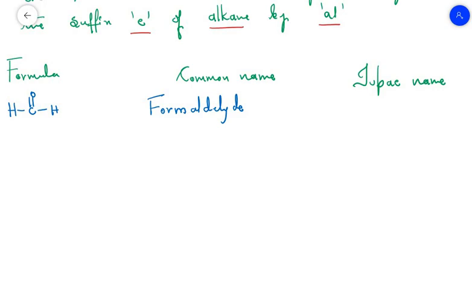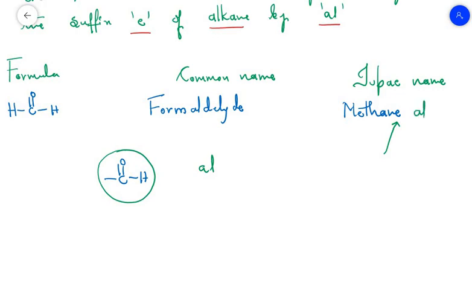Since there is only one carbon atom present in this compound, I would like to write it as the derivative of alkane, that is methane. But we have the functional group C double bond OH in the compound, so such organic compounds end with the suffix Al. So we eliminate the E of methane and write Al there. So the compound name becomes methanal.